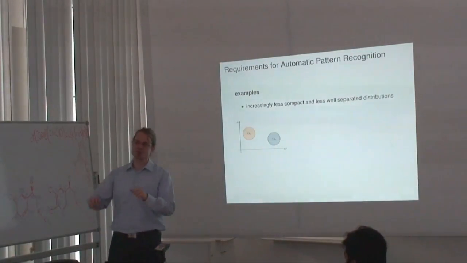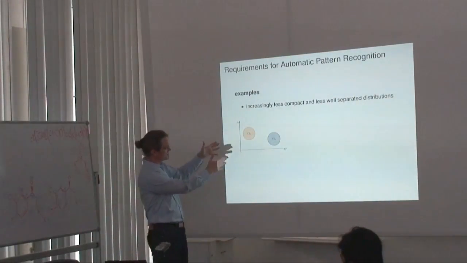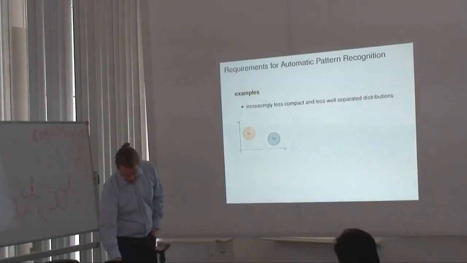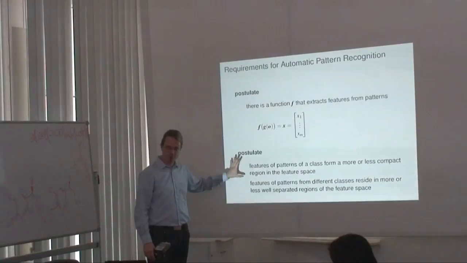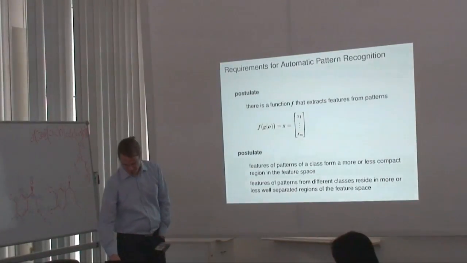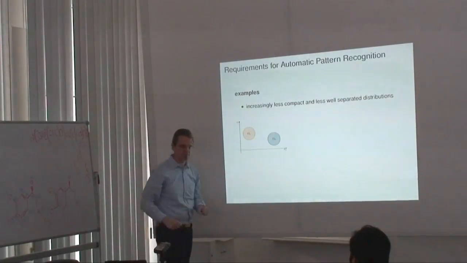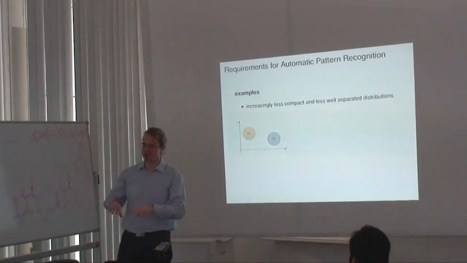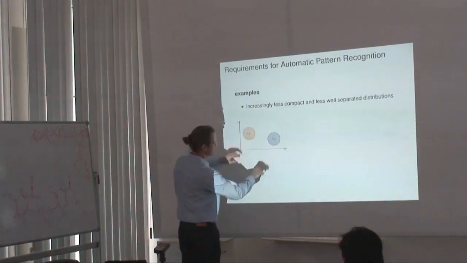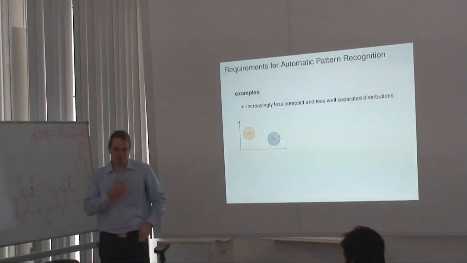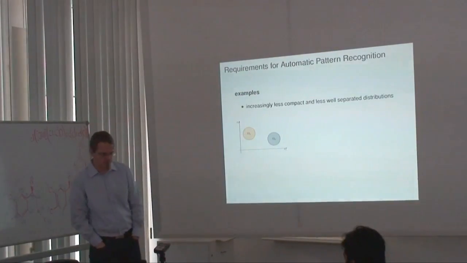And the way I am showing this picture to you indicates that indeed this is the perfect embodiment of these 2 postulates we would have with respect to features when we want to classify them. The features of either class reside in more or less compact regions within this 2-dimensional space, and the features of the 2 classes are rather well separated. All right. This is the ideal setting for pattern recognition.